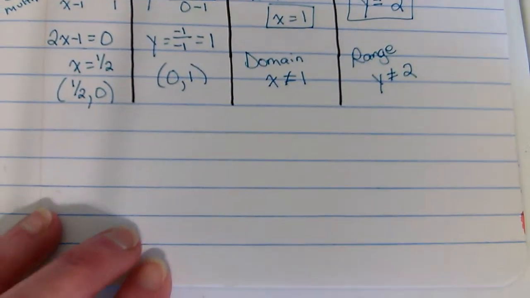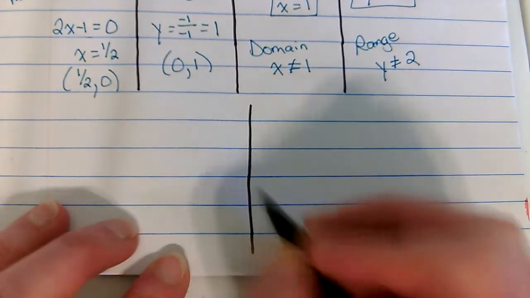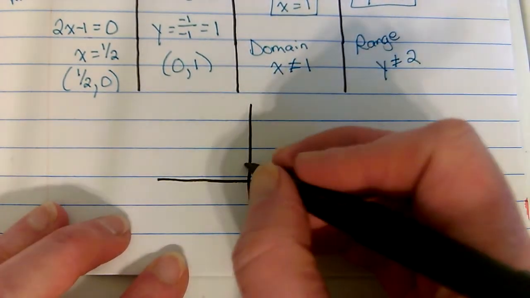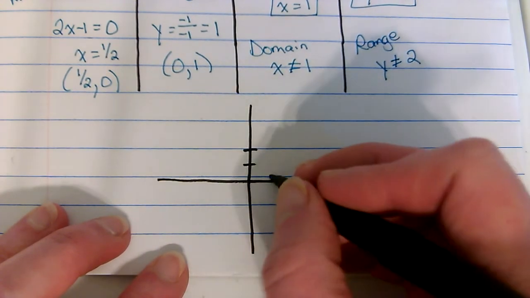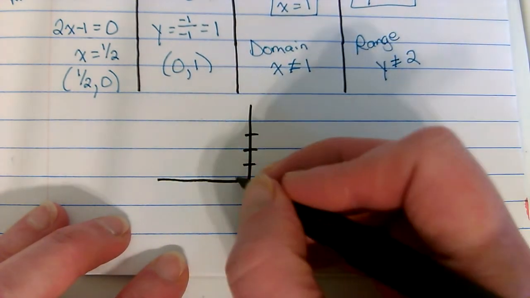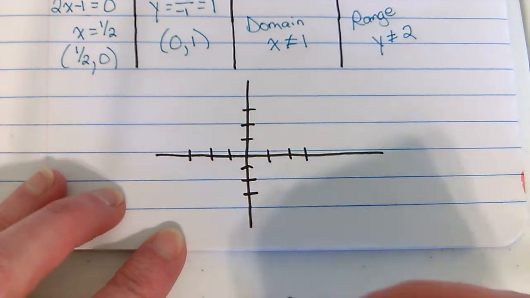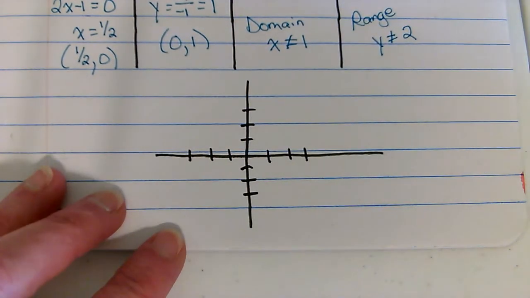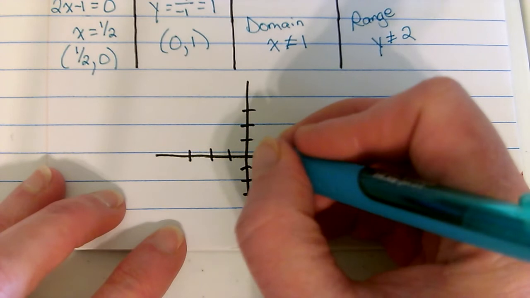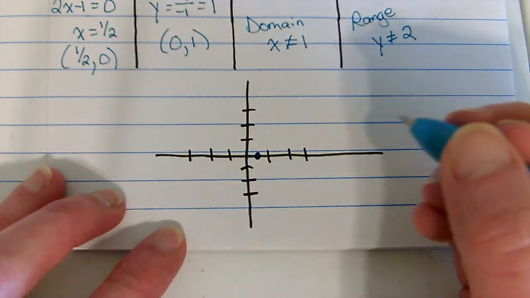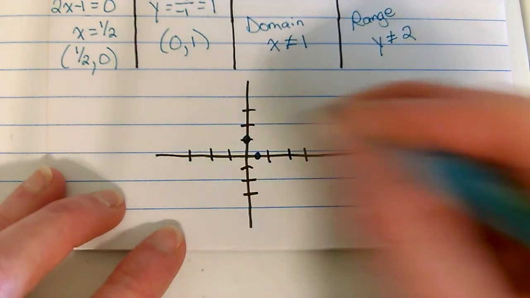So let's see if we can graph that. 1, 2, 3. 1, 2, 3. Okay. I have an x-intercept at a half. I have a y-intercept at 1.